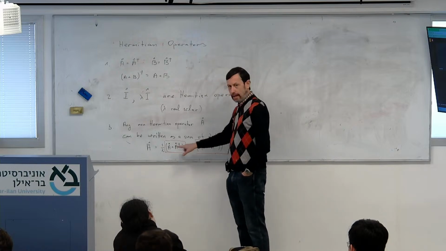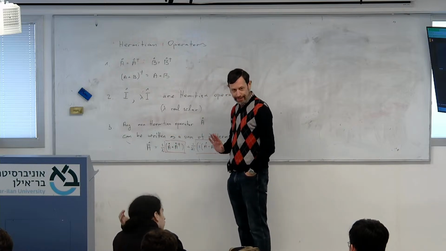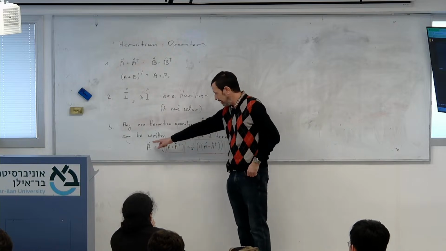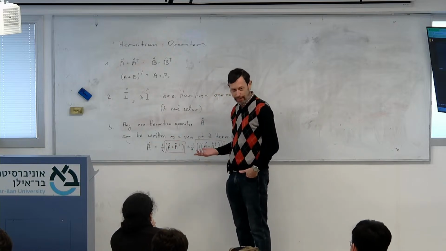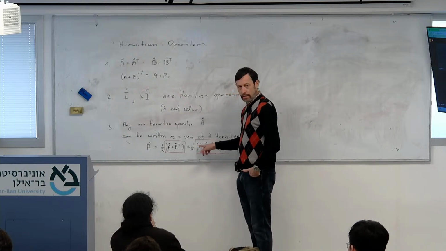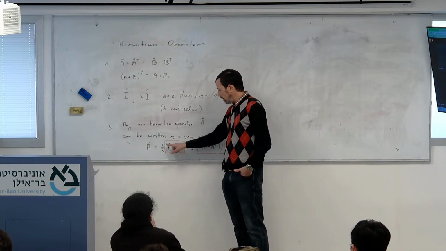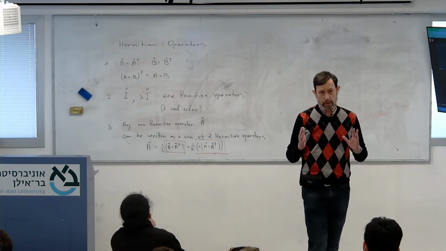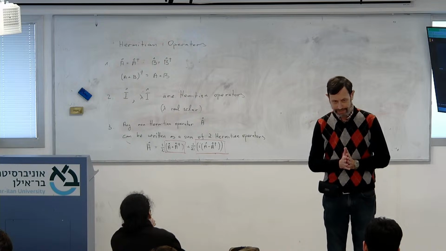You cancel the i, you sum up, you get A, right? That first of all has to be, because this is equal to this sum. But the operators in the red boxes are two Hermitian operators.